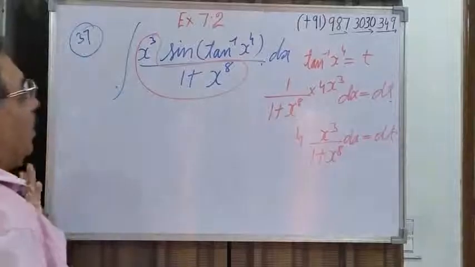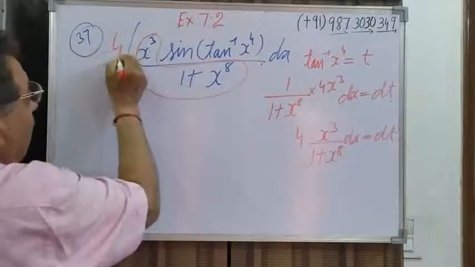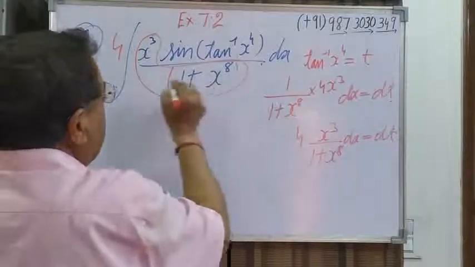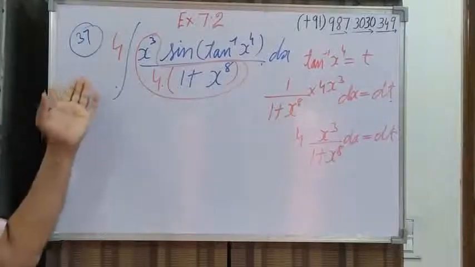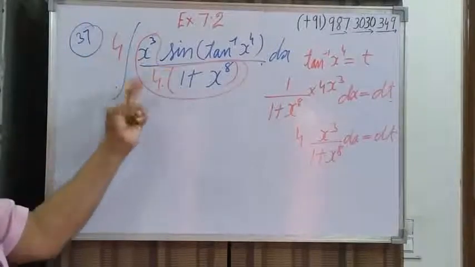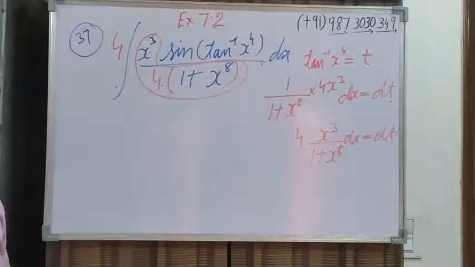So for getting the 4, we multiply by 4 and divide by 4. It doesn't make any difference. It is a constant number, so we multiply by 4 and divide by 4. Now it becomes exactly what we require.